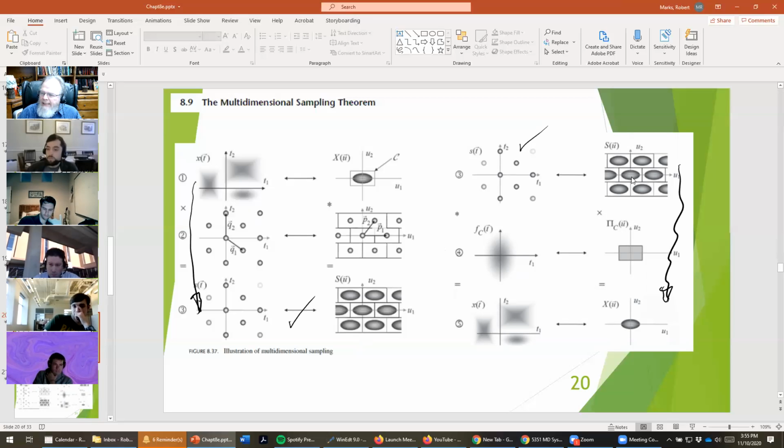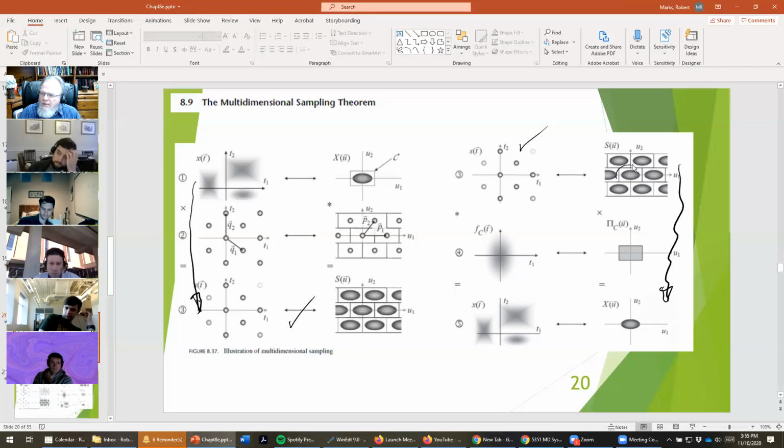We have these replicated versions of the spectrum. We're assuming that these replicated versions do not overlap. And how do we get this center one back? Well, we multiply the zeroth order spectrum by, say, a little rectangle here, or some sort of function that just allows us to get the zeroth order version back.